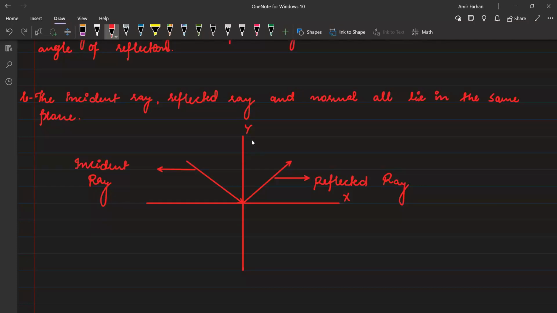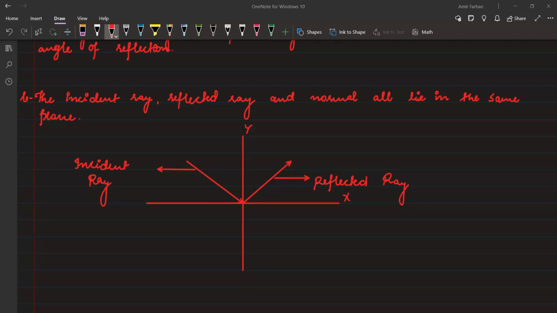Maybe the reflection lands on the Y axis. Any direction. Only the rays will travel in these two axes. Any two axes will be there. Okay? Any doubt so far? No. Sure? Okay, that's good.